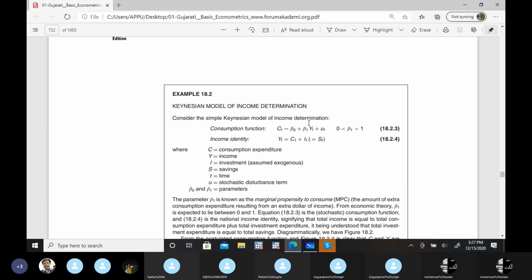So to get the actual coefficient of income with respect to consumption, we also have to include this particular equation in the model. Then only will we get the actual coefficient beta 1. Then only we can run it. Is it clear?